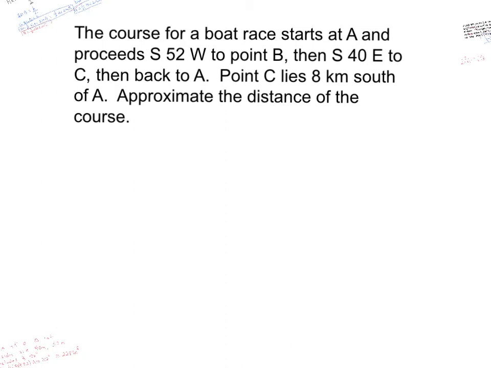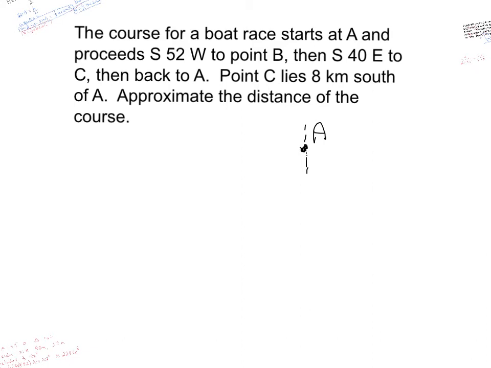The first thing we have to do is take it step by step and draw what we are given in the problem. So if we're starting at A, and we are going south 52 degrees west. Remember, when we're talking bearing, it's always off of a north-south line unless you're talking airplane flight.